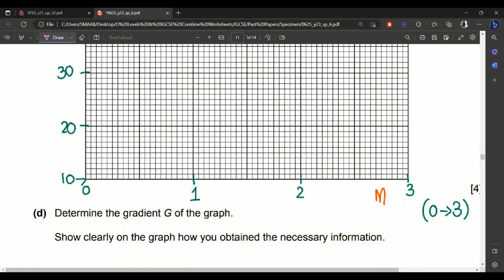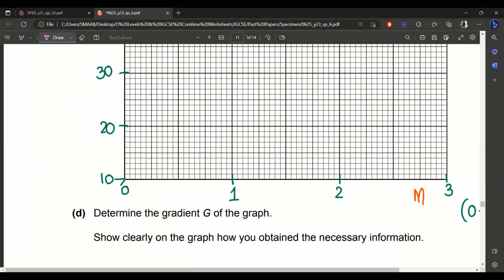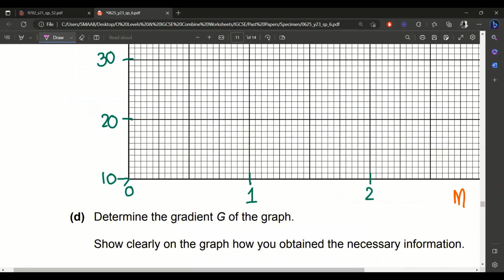So let's just magnify this graph for now. We know that we have 20 divisions between 0 and 1, so 2 divisions is equal to 0.1, right? So we need to find 0.31. So 0.1, 0.2, 0.3.